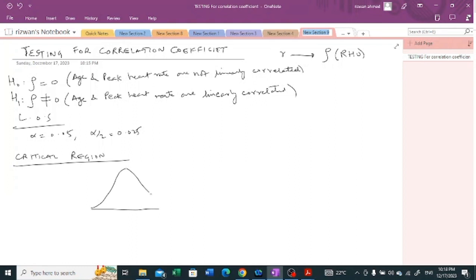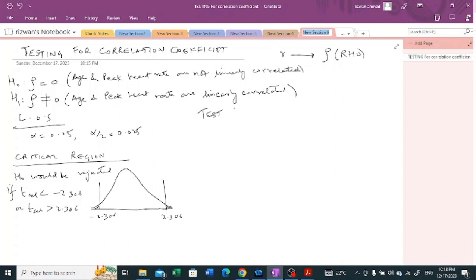So we can copy the same critical region with the same critical value of 2.306 on the right and minus 2.306 on the left, and we can state the decision criteria same as before. H naught would be rejected if T calculated is either less than minus 2.306 or greater than 2.306.